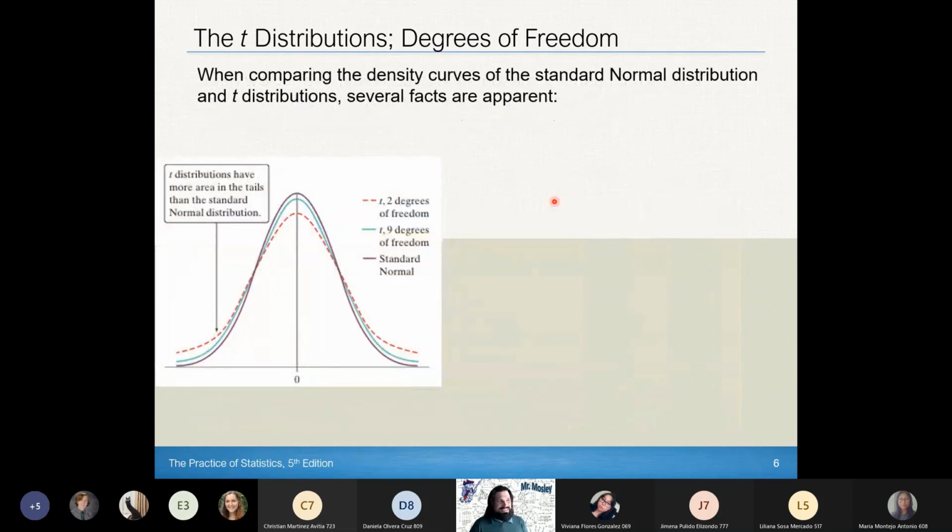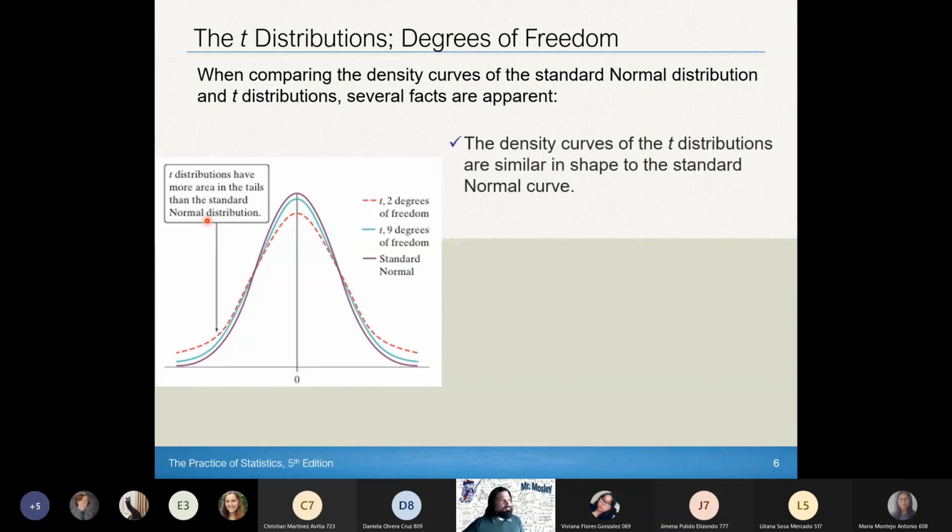When comparing the density curves of the standard normal distribution and the t distribution, several facts are apparent. First, the density curves of the t distributions are similar in shape to the standard normal curve, and that's what we see here in the image. Our normal curve is the tallest but also the narrowest curve.